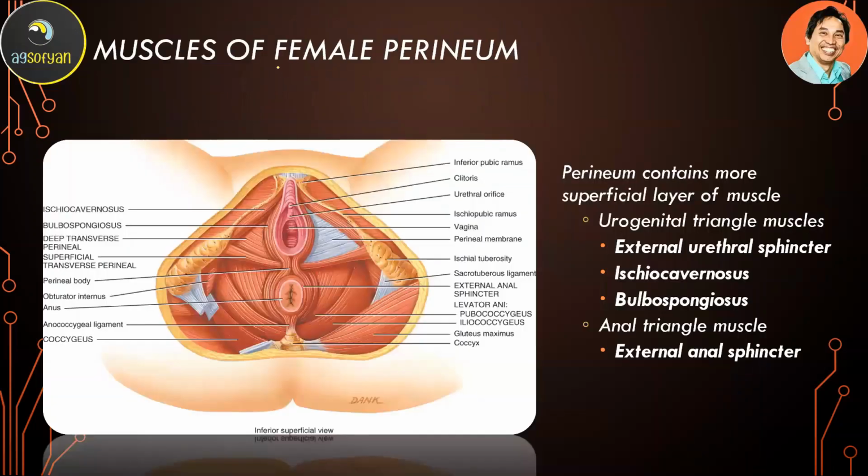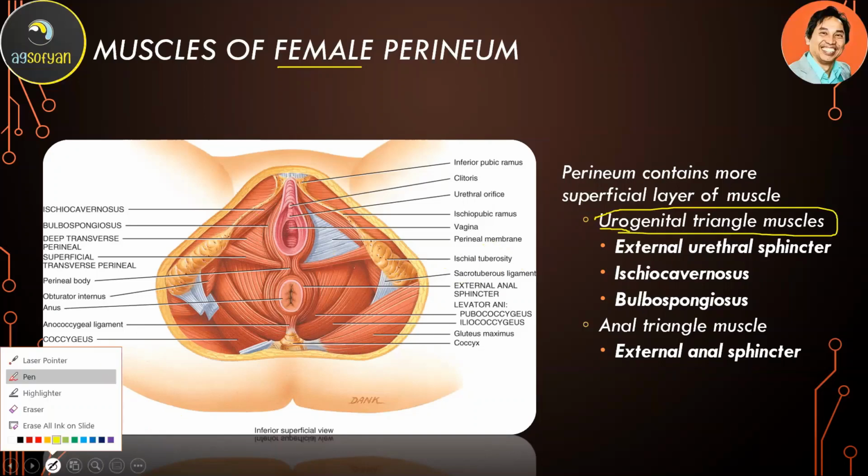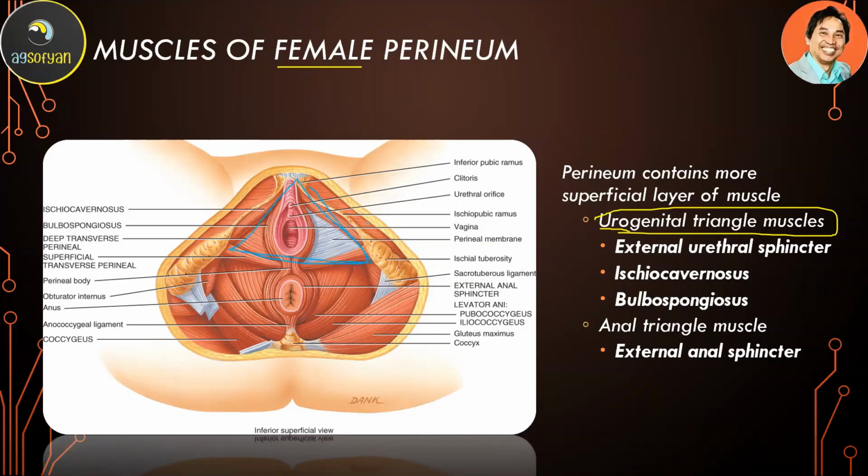Okay, now the female perineum muscles. The first one is the urogenital triangle muscles. Okay, so these are the triangle muscles over here.